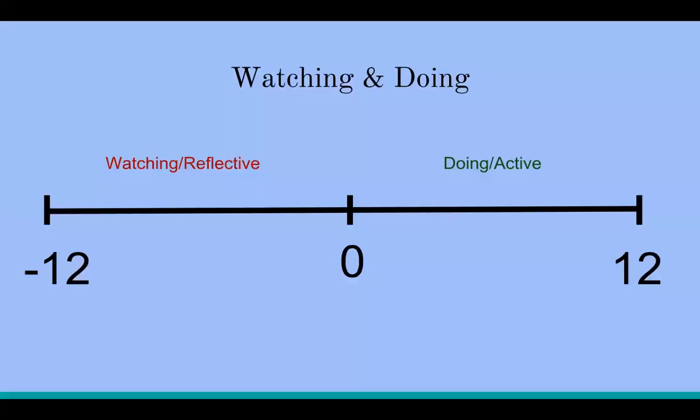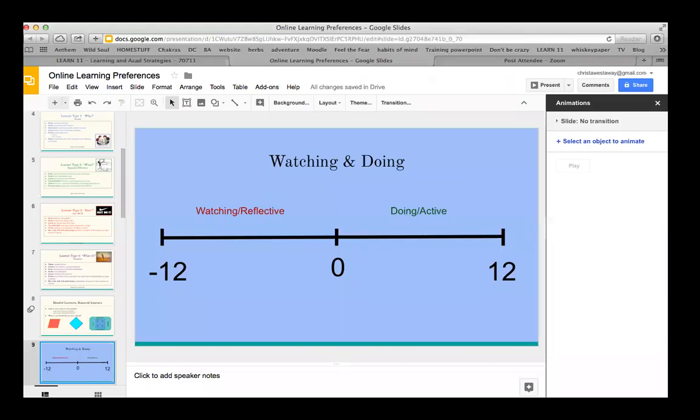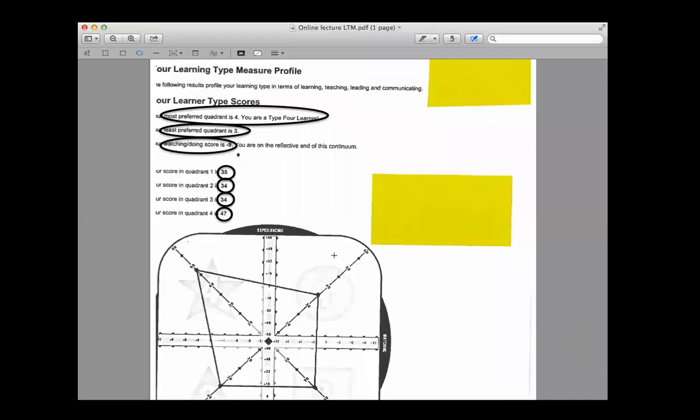All right, we're moving on. Now we're going to move to the watching and doing score, where I said we have negative scores and positive scores. If you're on the negative side, it goes as high as -12, that means you're a real, I believe, doer. Oh my goodness, hold on one second. Let me just make sure I have this correct.